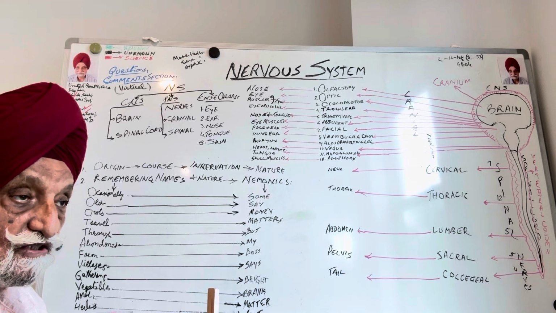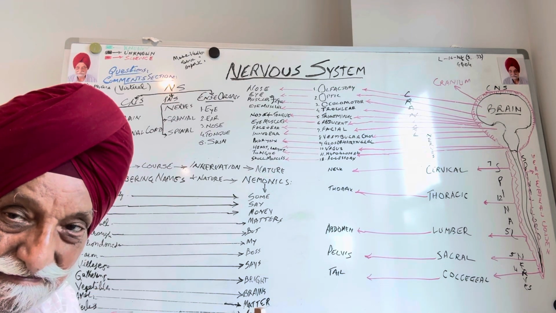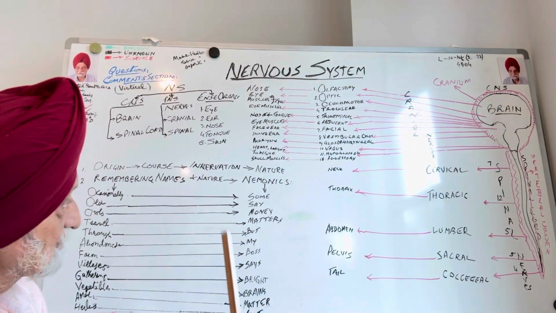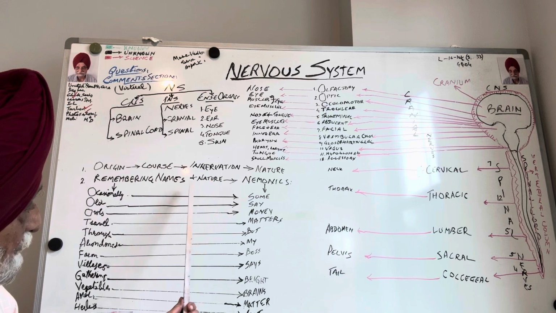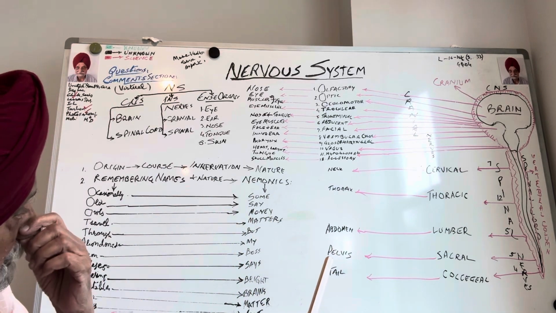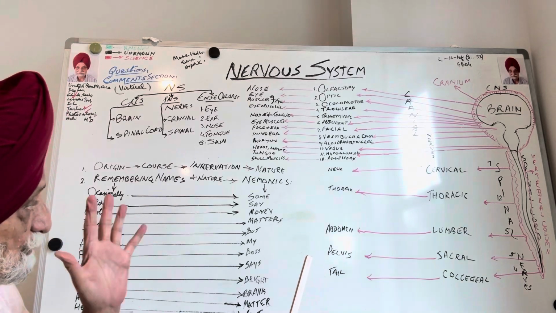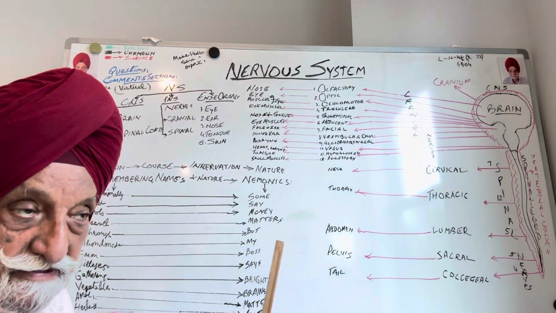These are the 12 pairs of cranial nerves supplying the respective organs and their nature. That means sensory, motor, or mixed. That is all about cranial nerves.